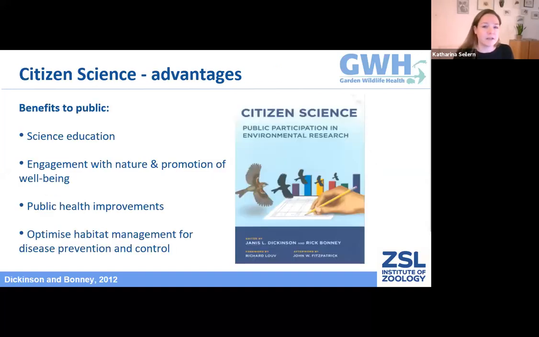So there are many advantages to citizen science, to the public, but also to science, of course. So for example, if you participate in citizen science, you will yourself gain a certain level of scientific education, and participation encourages engagement with nature and therefore promotes your general well-being. And you also participate in public health improvements as well as in optimizing habitat management for the well-being of wildlife as well as ourselves.